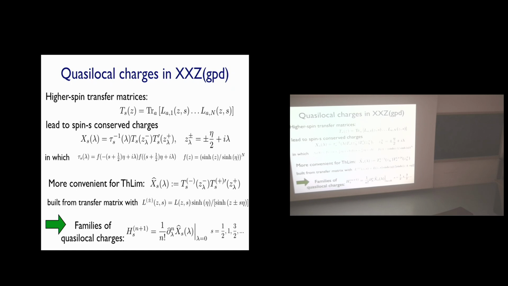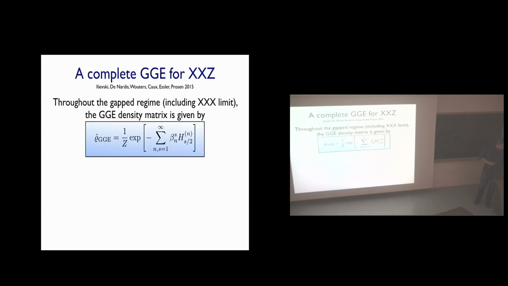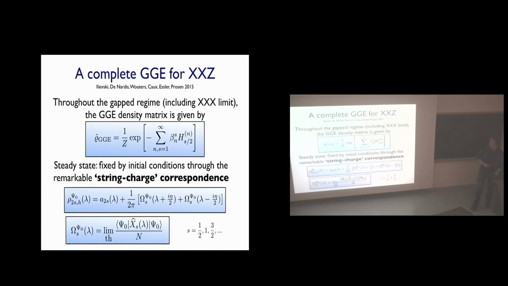But the tail is made of very, very small coefficients. So when you included those charges in the GGE, then you were able to get a reproduction of the quench action results. So somehow the quench action did the summation over this whole hierarchy of local and quasi-local charges for you.